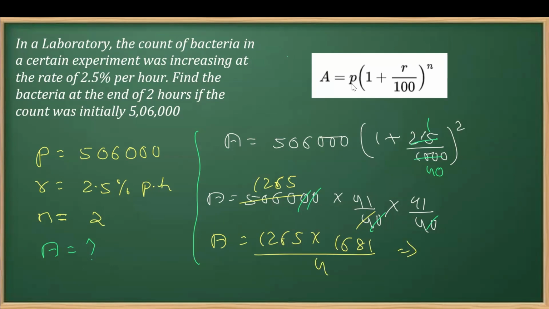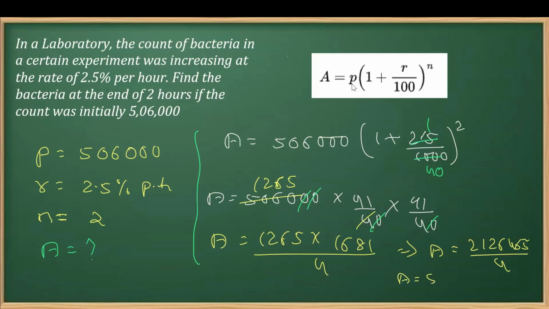So finally we'll calculate this to get the amount, and this is 1681 multiplied by 1265, right? That should give you 2126465.